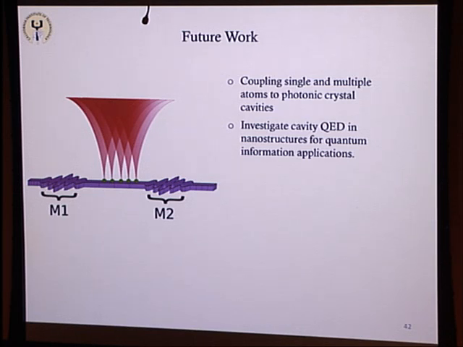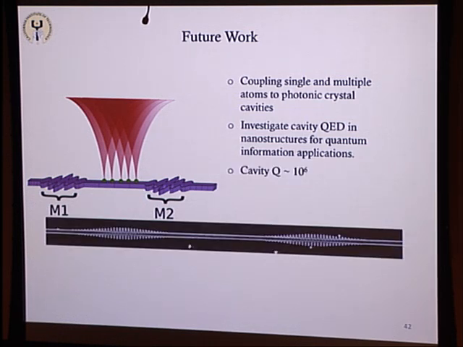So previously, much of cavity QED had been done in these big, big compared to this, Fabry-Perot cavities. And so trying to do this with lithographically defined structures can lead to on-chip quantum memories.